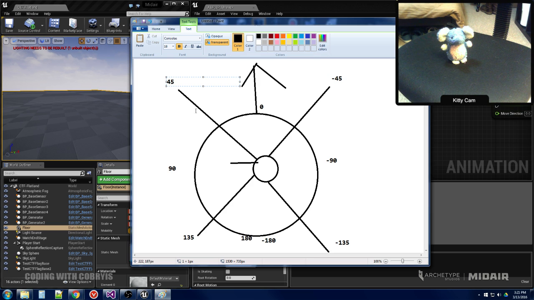So when we're above 45 degrees and under 135 degrees, we're going to pick the 90-degree angle. If we're between 45 and negative 45, we're going to pick 0. And if we're greater than 135 or less than negative 135, we're going to pick 180 / negative 180. And then the last one, we're going to pick negative 90.